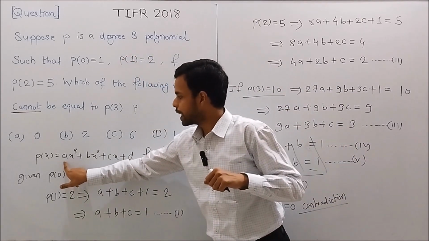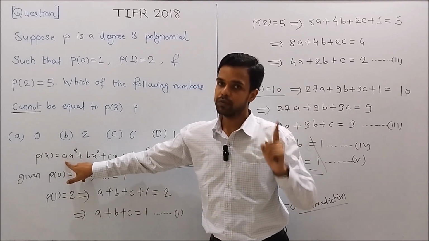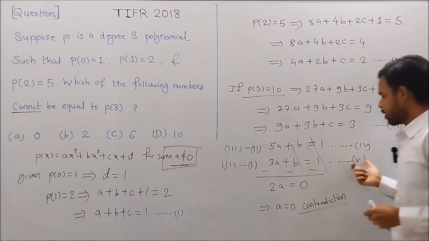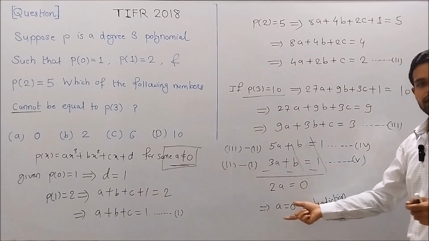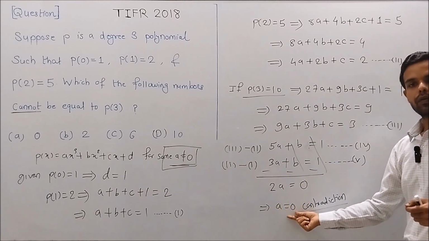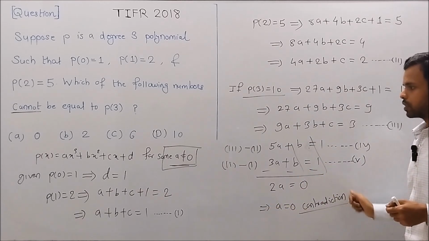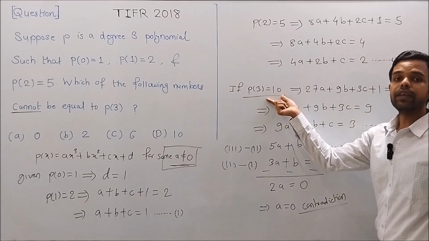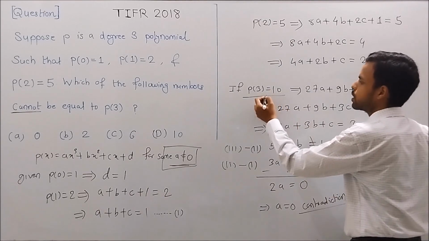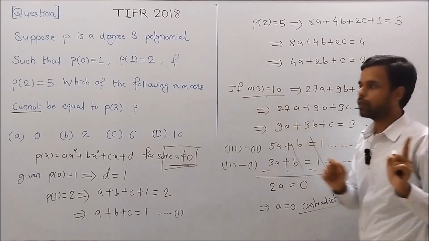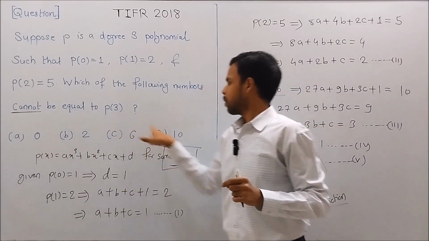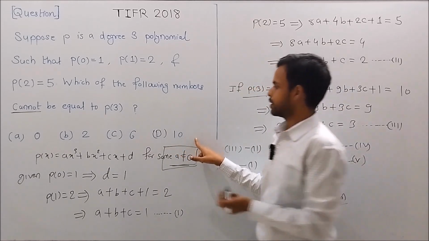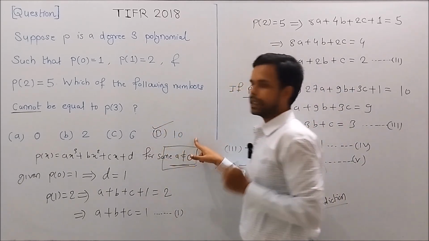So this coefficient a cannot be 0. But after solving this system of equations, we get a equals 0, which is a contradiction. So our assumption that P of 3 equals 10 must be wrong. So P of 3 cannot be equal to 10, and the correct answer to this question is option D.